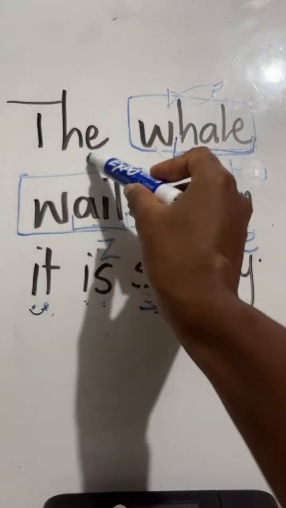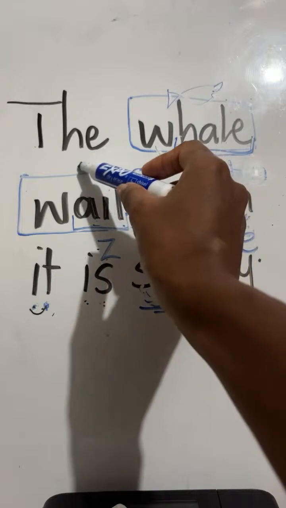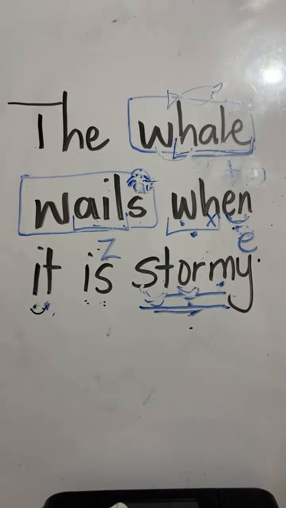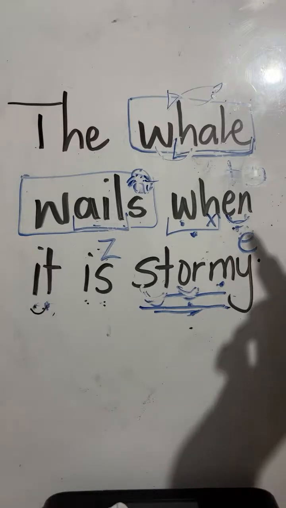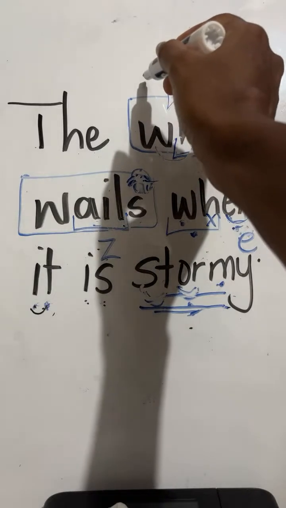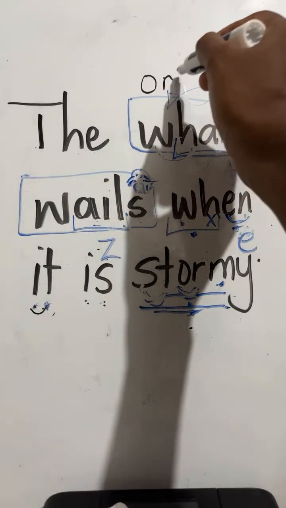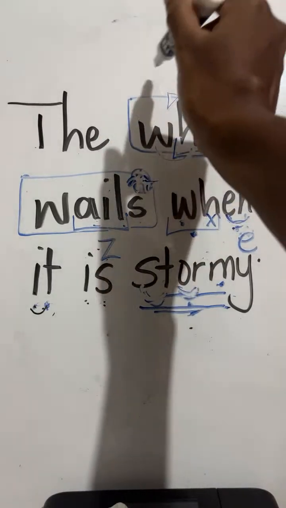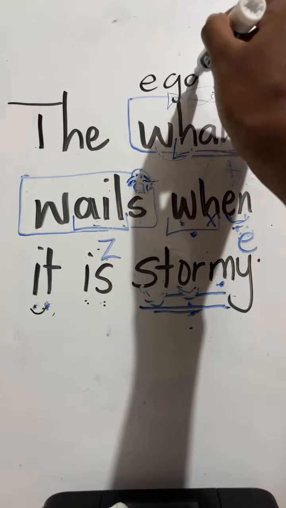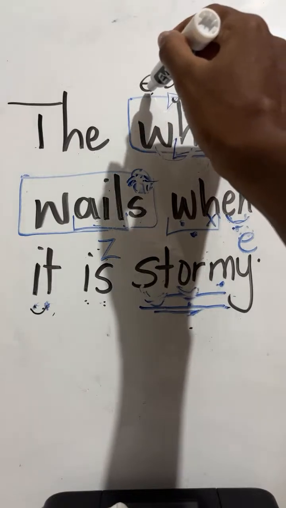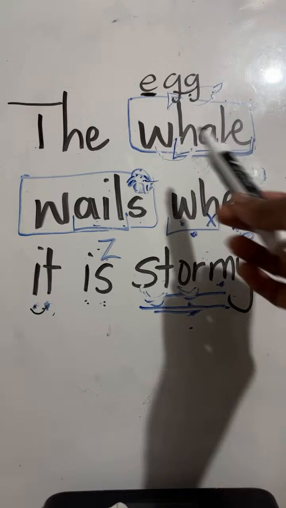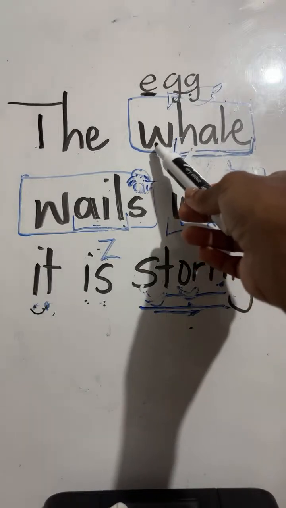This word can have two different pronunciations. When it comes before a consonant, it makes a different sound compared to when it comes before a word that begins with a vowel sound. So let's use a simple word, egg. We see a vowel at the beginning. In this one, this is a consonant.